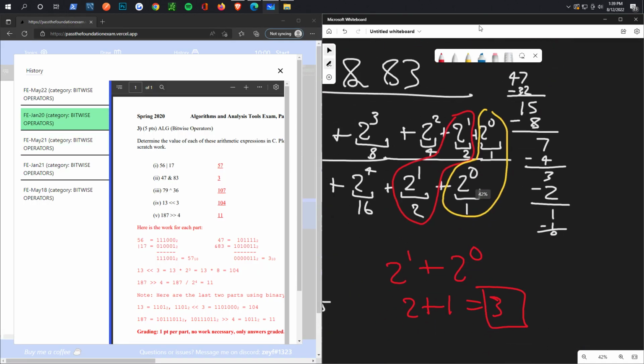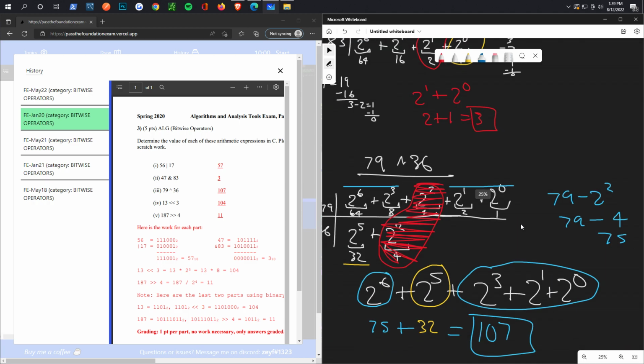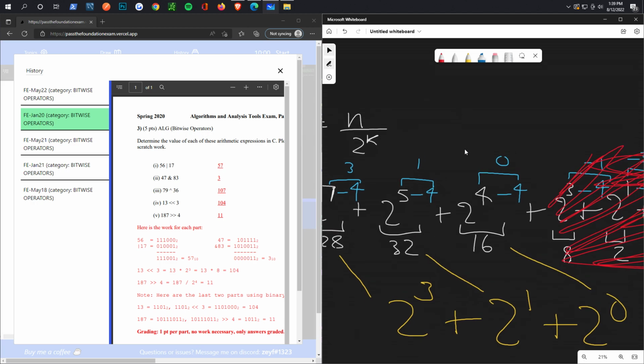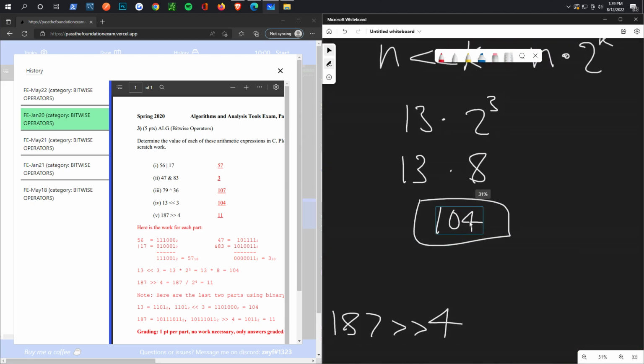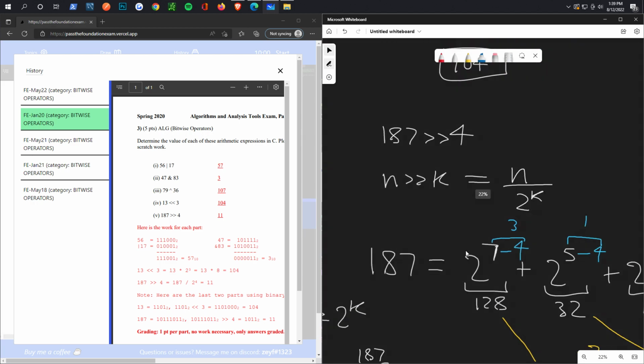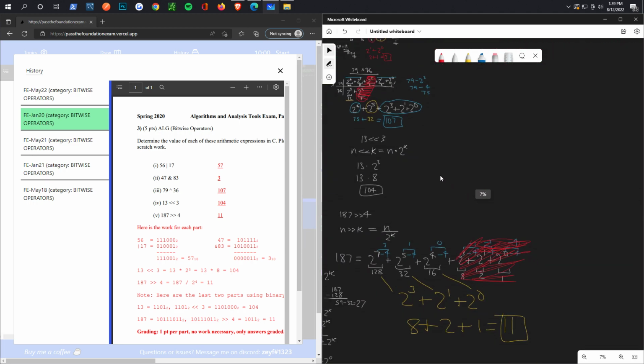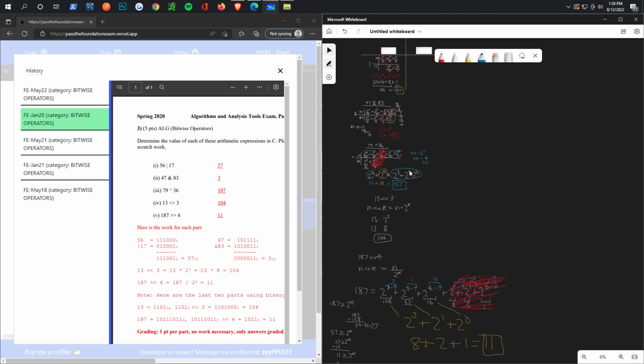So 57, 3, 107, 104, and then the last one is just 11. So this definitely works. And look, they ended up doing it with binary, but it's much easier to think of it like this.